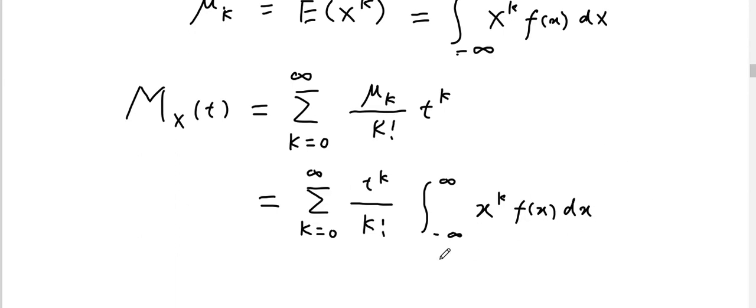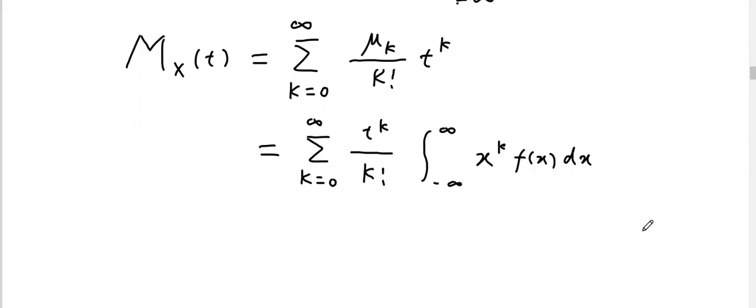So here the integration is about x, not about t. So here we can say t is constant for this integration, and we can put t^k and the k factorial inside of this integration. Then we can put this summation into the integration as well.